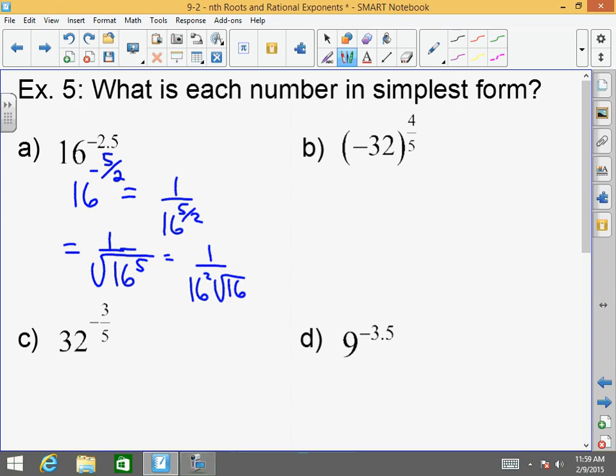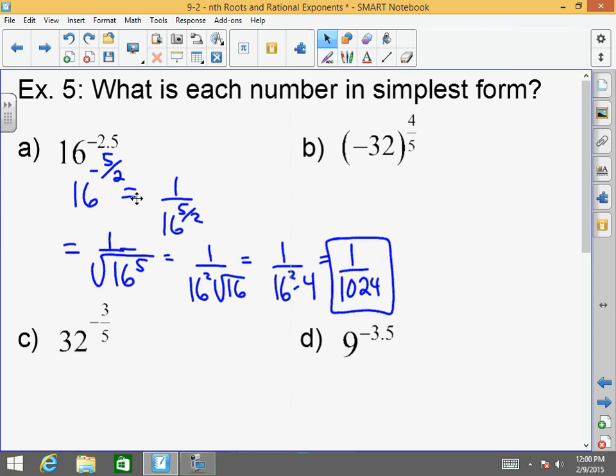And the square root of 16 is 4. So that will equal 1 over 16 squared times 4. And now 16 times 16 is 256, times 4. So that would equal 1 over 1024. Okay?